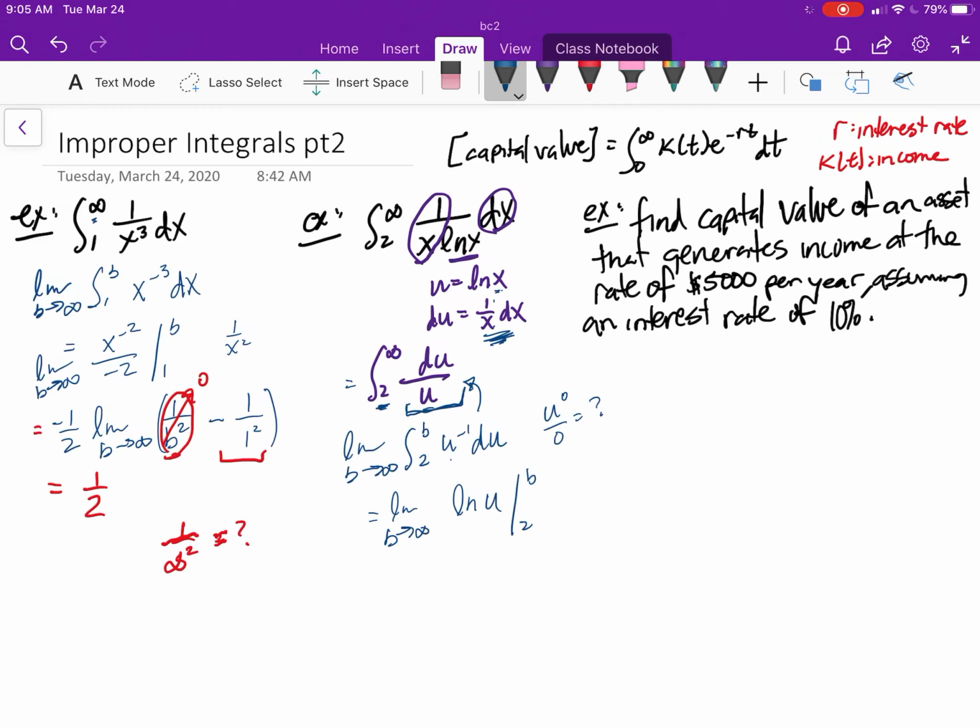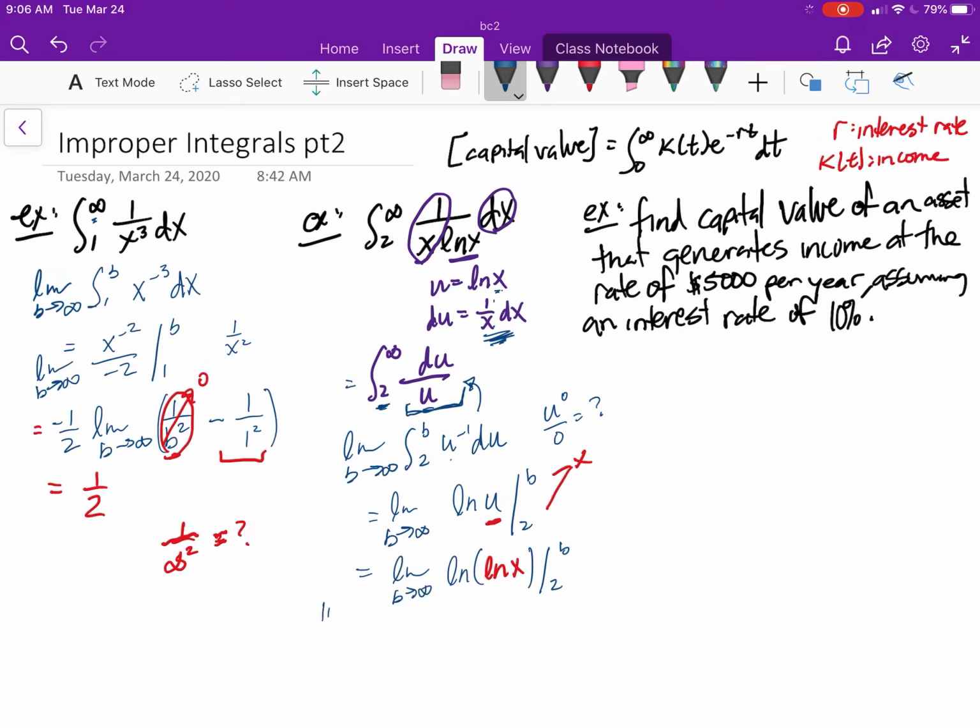Now, remember the bounds were in terms of x, and I have a u here. So if I never change those bounds, I got to go back and resubstitute this u was ln x. So this one looks quite weird because now I have ln of x, 2 to b, limit as b goes to infinity.